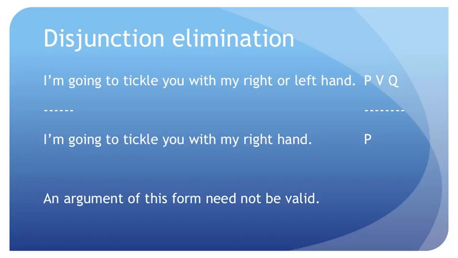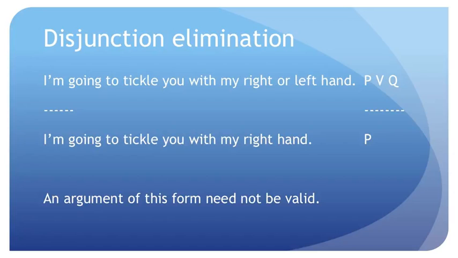Because there's a possible situation in which the premise, I'm going to tickle you with either my right hand or my left hand, is true, while the conclusion, I'm going to tickle you with my right hand, is false. Namely, the situation in which I'm going to tickle you with my left hand. In that situation, the premise would be true, but the conclusion would be false. So that disjunction elimination argument is not valid.